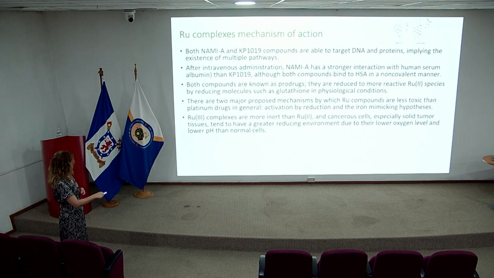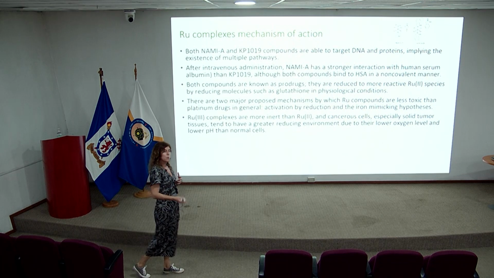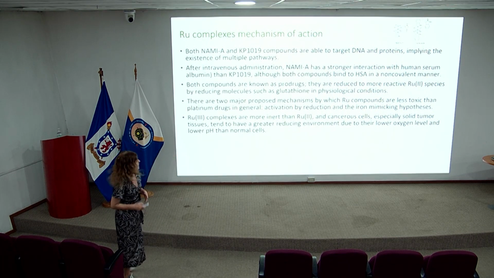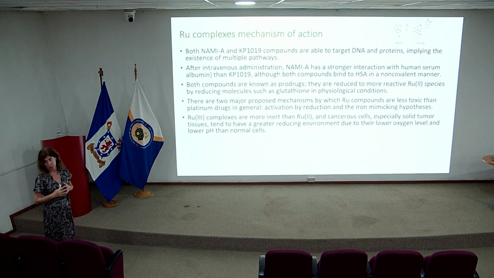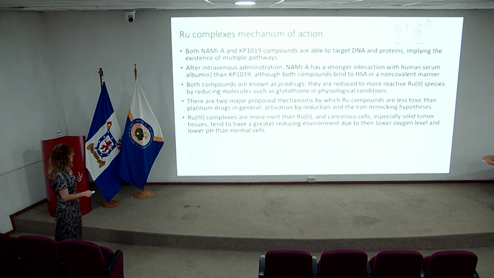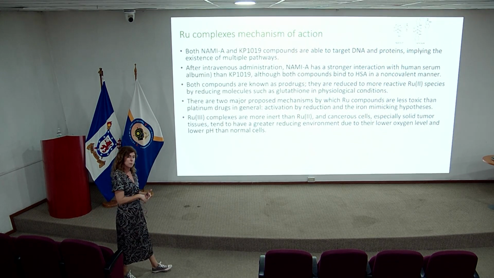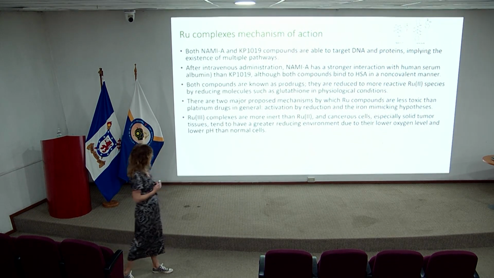And so in solid tumors, it's typical to have a lower pH and lower levels of oxygen. These are called hypoxic systems. And this means that ruthenium-3 will be easily reduced to the more active ruthenium-2.